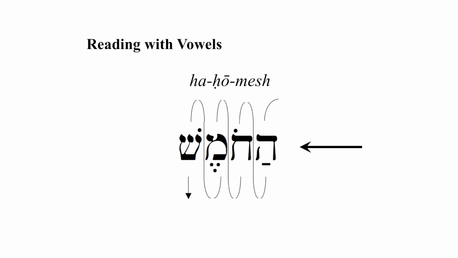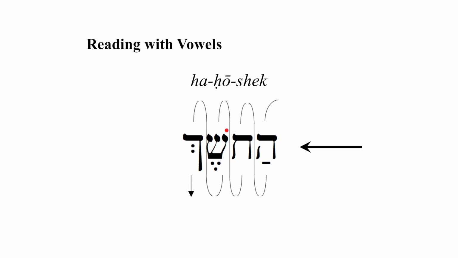Be careful, because sometimes they only use one dot where you expect two. So I've given you this particular word with He, Chet, Shin, and Kaf to illustrate that sometimes when the dot on the letter Shin is positioned where the long O would be, they don't bother writing the dot twice side by side.